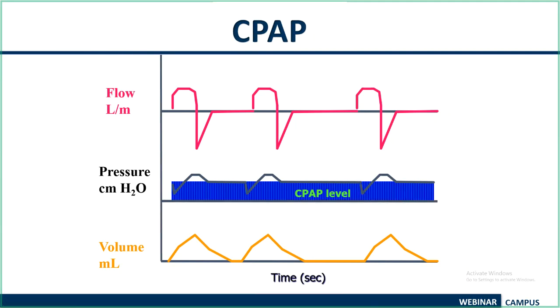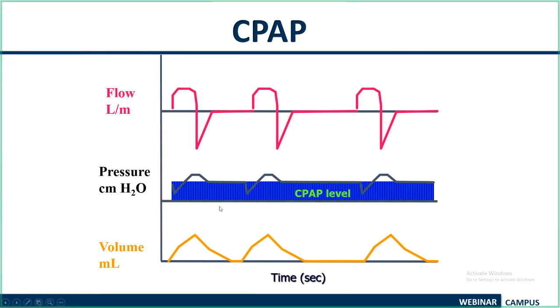Again, when the patient develops something called auto PEEP, which we will explain in the subsequent modules, by giving a constant pressure it will keep the alveoli open so that the auto PEEP also will be less and the triggering will be better. We will explain all those things in the subsequent modules.